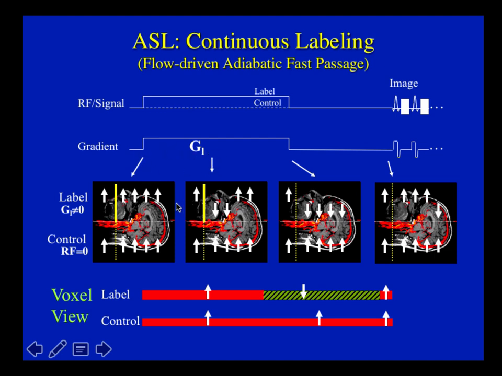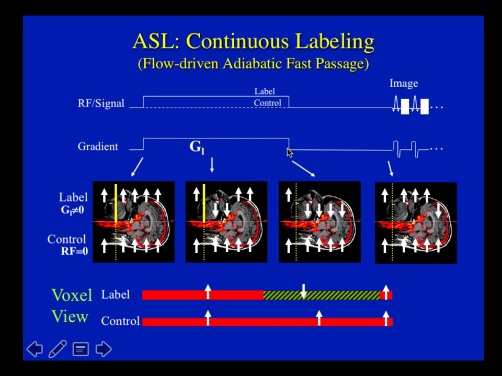After a little while, we see that some of the blood has crossed over, and therefore the magnetization of that blood has been inverted, while the magnetization of blood that never crossed that plane is still along the z-axis. If you keep the tagging on for a longer period, we can have all the blood to the right of this tagging plane inverted.